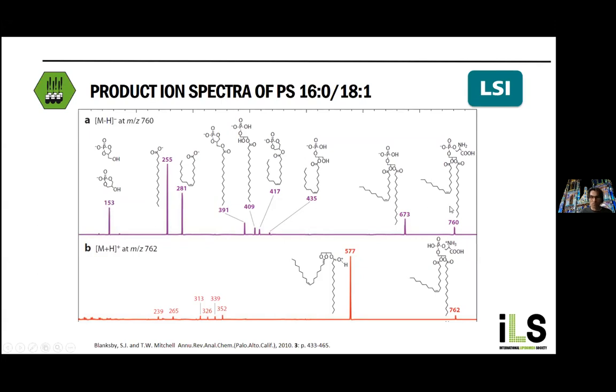So you see a fragment-rich spectrum in negative ion mode, and you may of course combine that with positive ion mode data, where you have different fragments, and also minor fragments for the lyso type, but here it's a neutral loss, which is lipid class specific for the PS.